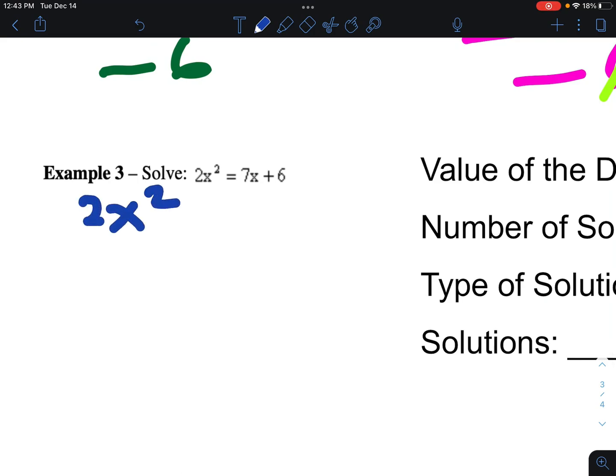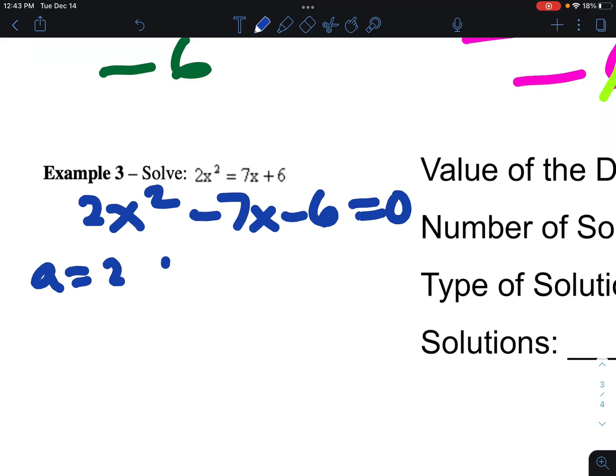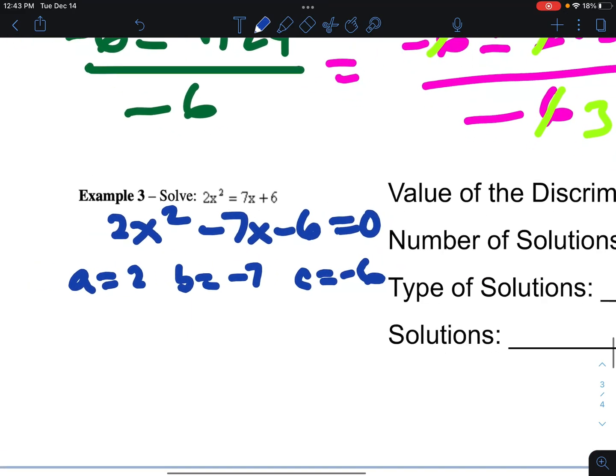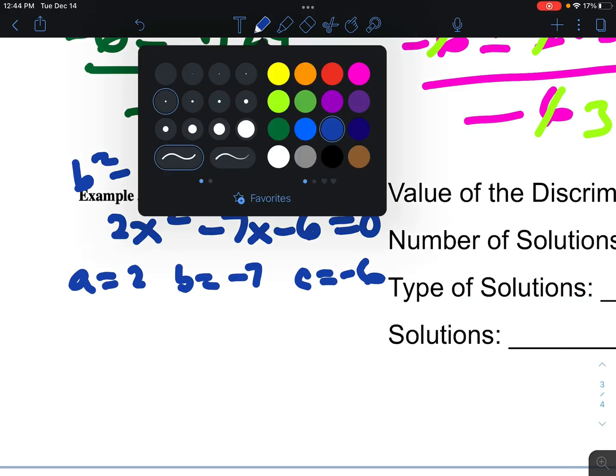So 2x squared minus 7x minus 6 equals 0. Okay, a is 2, b is negative 7, c is negative 6. Let's find the discriminant. That's the b squared minus 4ac part.